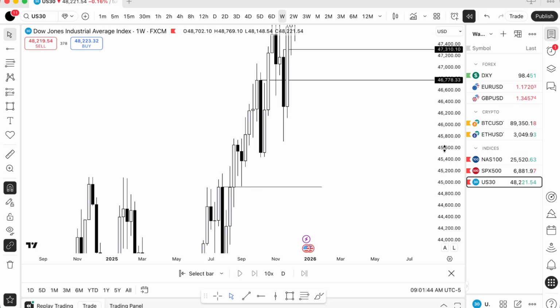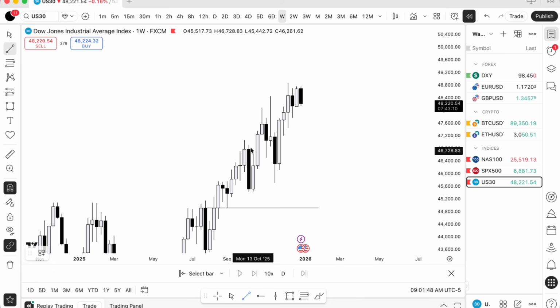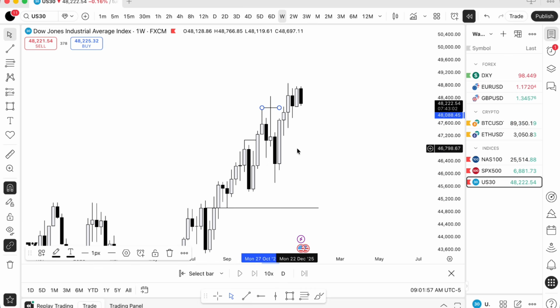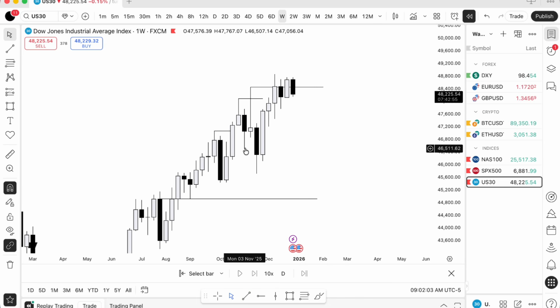So this is my only key level that is not used for now. And this high, swing high, rejection, swing high, rejection, and right there, swing low, continuation.